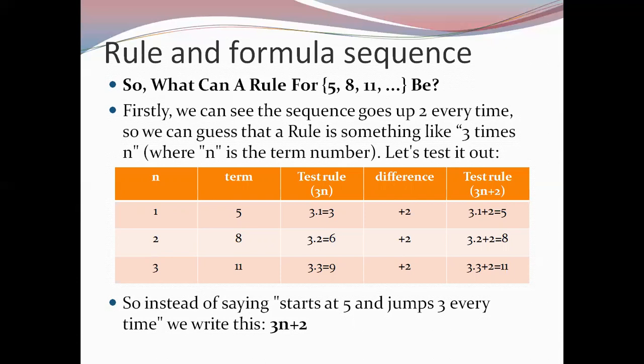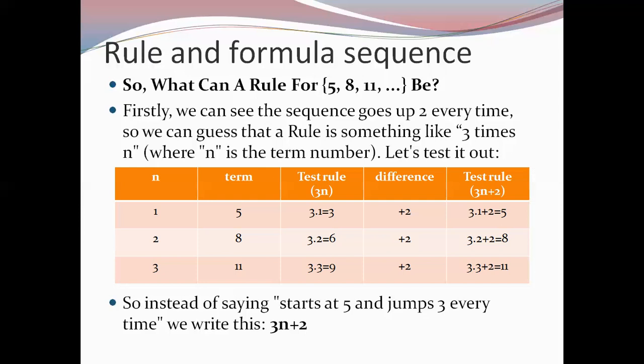Let's test it out. n is 1, 2, and 3, and the terms are 5, 8, and 11. Test the rule: the difference between 5 and 8 is 3, and between 8 and 11 is 3. So the test rule is 3n.